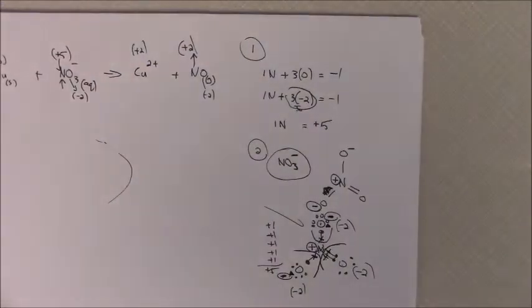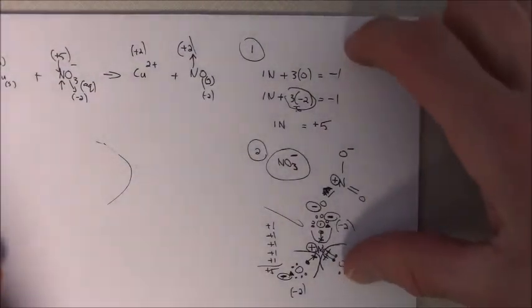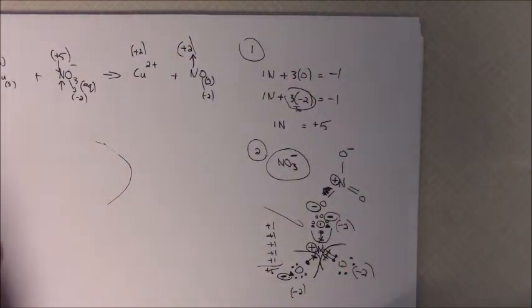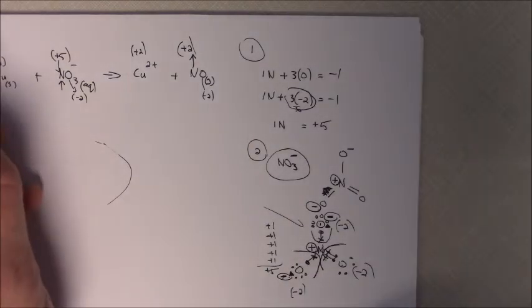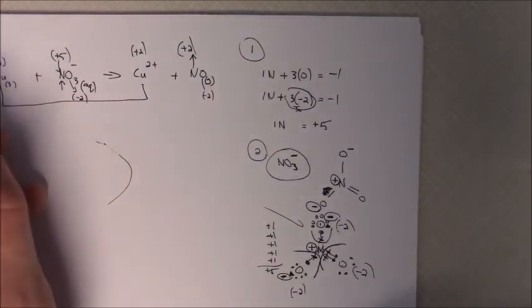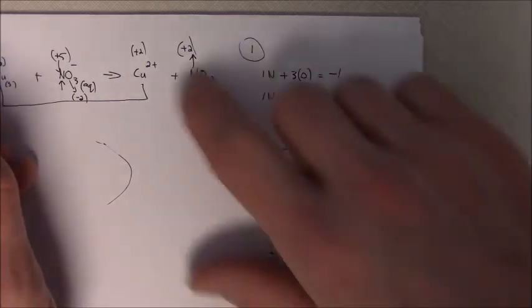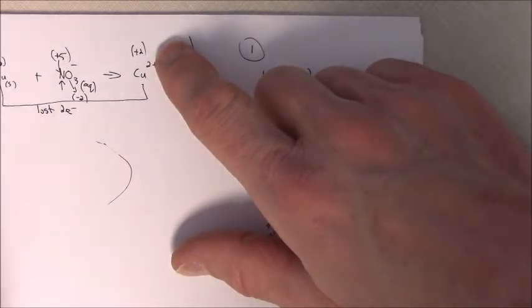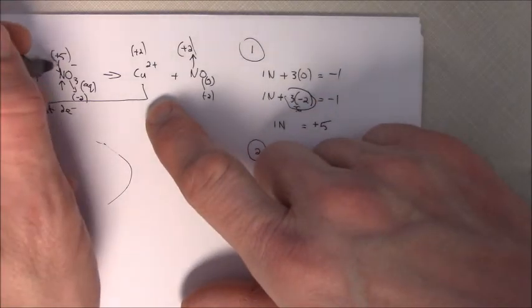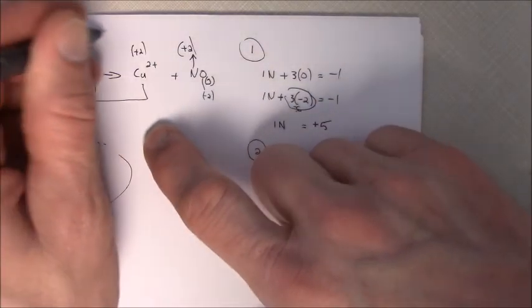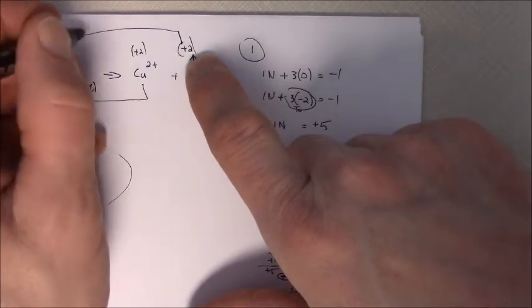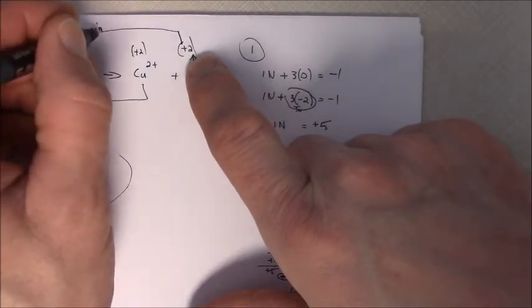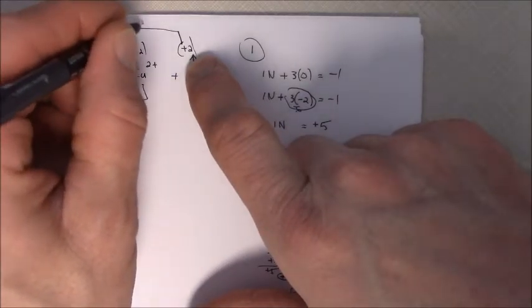So now where are we at? Back to the problem at hand. I meant to put this in on the front end just so people could see it, and fast forward if you want. So now we say, look, this copper, obviously it lost 2 electrons. And the nitrogen went from +5 to +2, so it obviously gained 3 electrons.